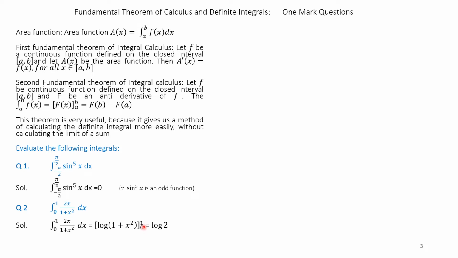First put the upper limit: if we put x equal to 1, it becomes log of 1 plus 1 square, and 1 square is 1 itself, so 1 plus 1 is log 2.